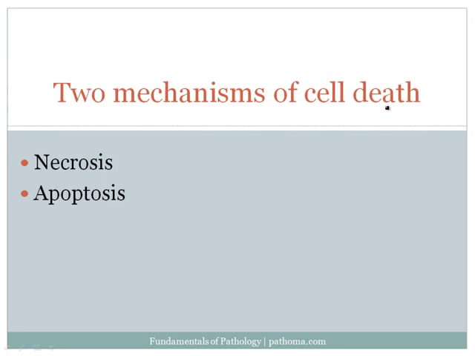Now, there are two mechanisms of cell death, and we have to be familiar with both. The first is necrosis and the second is apoptosis. The way I think about these is necrosis is sort of murder. Something comes from the outside, or some pathologic process from the outside occurs, which then causes a grand scale destruction of the tissue.